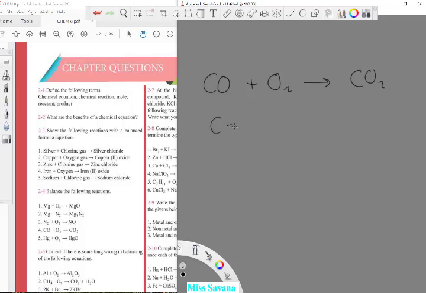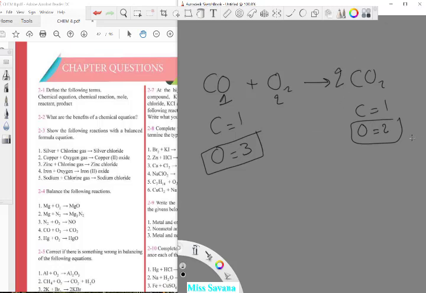Carbon is 1 while the oxygen here is 3. In here the oxygen is 2 and the carbon is 1. So your problem is with the oxygen, because they are not equal. So what should you do? The oxygen here you have 1 and in here you have 2.